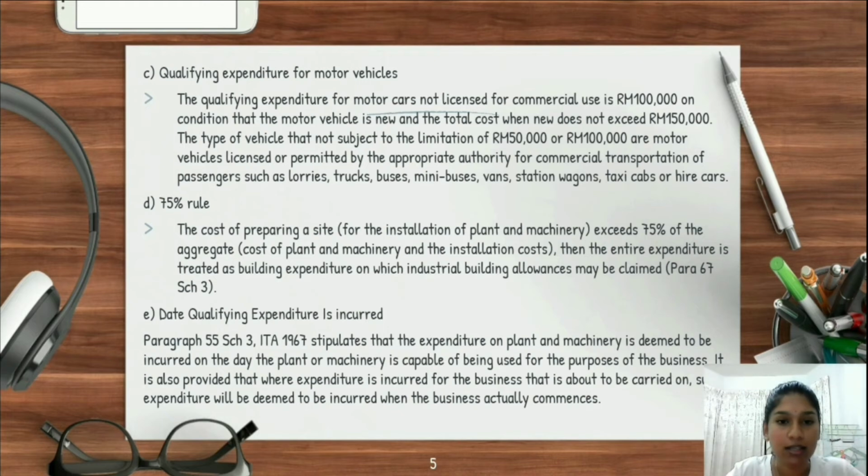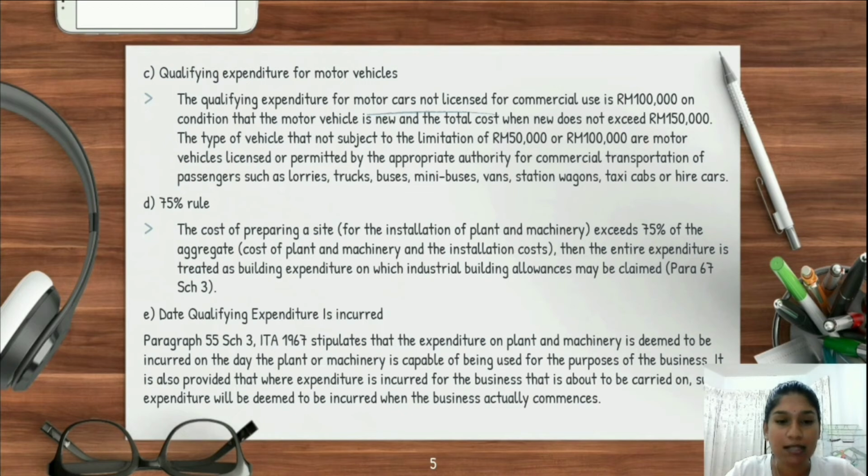The types of vehicle that are not subject to the limitation of RM 50,000 or RM 100,000 are motor vehicles licensed or permitted by the appropriate authority for commercial transportation of passengers, such as lorries, trucks, buses, minibuses, vans, station wagons, taxi cabs, or hire cars.